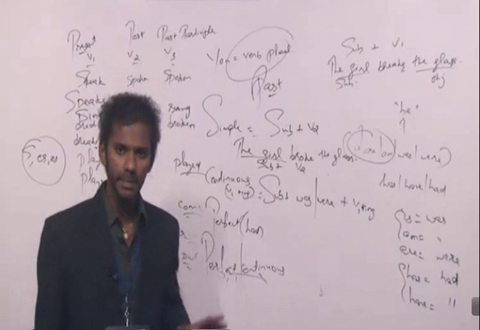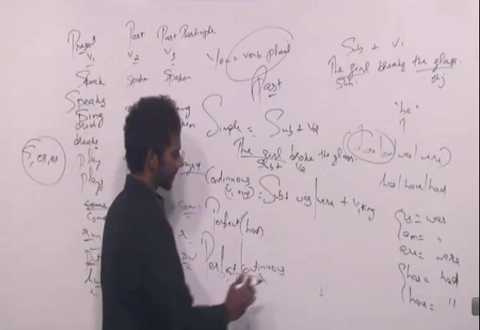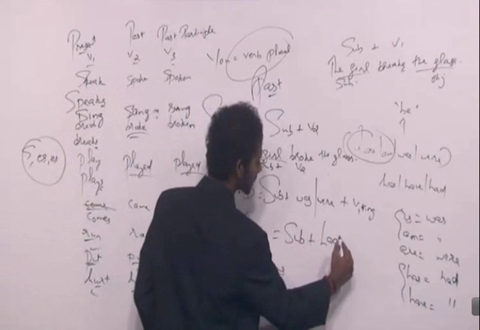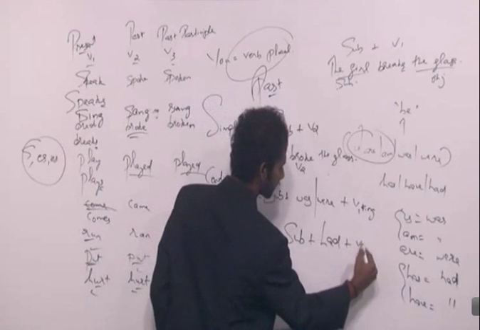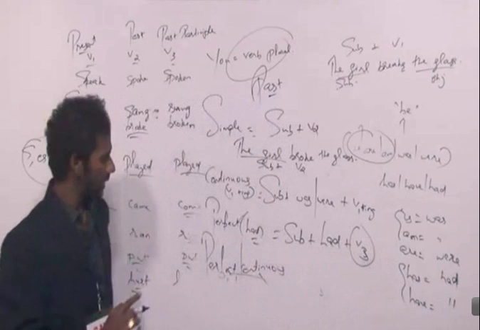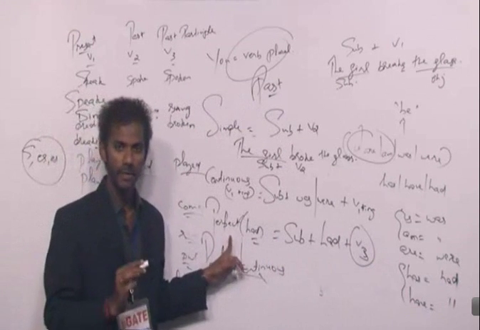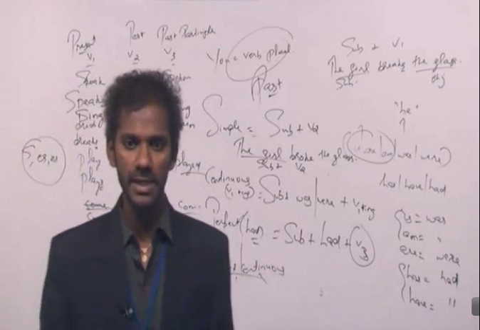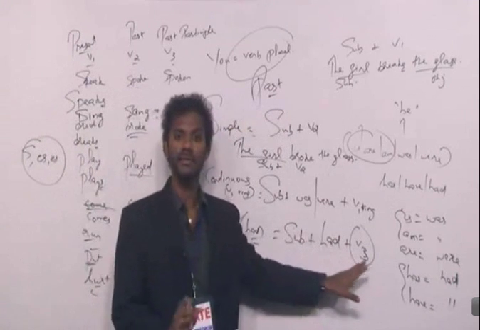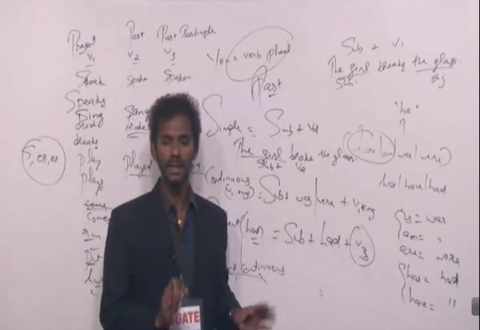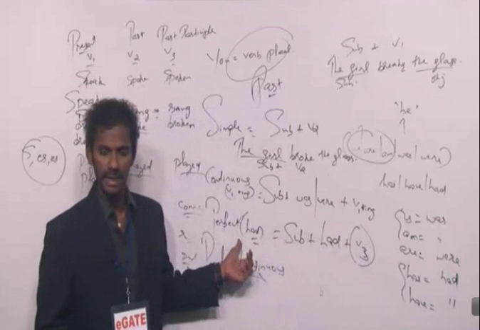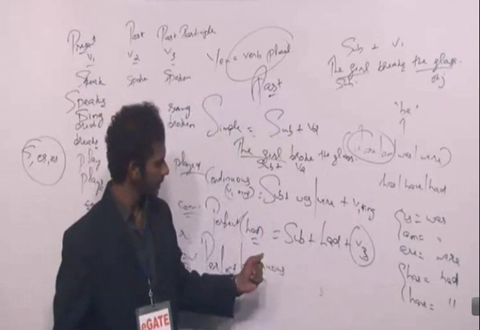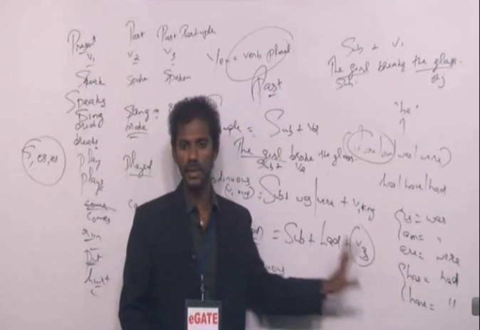So what can be the rule of past perfect? Subject plus had plus V3. V3 because as I said, it's perfect tense, right? In perfect tenses, whether it's present perfect or past perfect or future perfect, only V3 comes and V3 must come. Clear? So past perfect means think of had. And as it is perfect, V3 must appear. So the rule of past perfect becomes subject plus had plus V3.